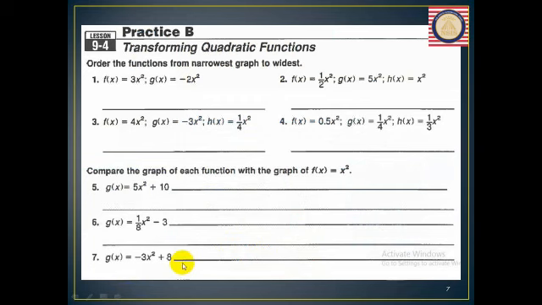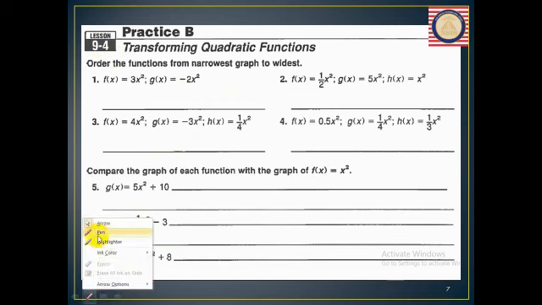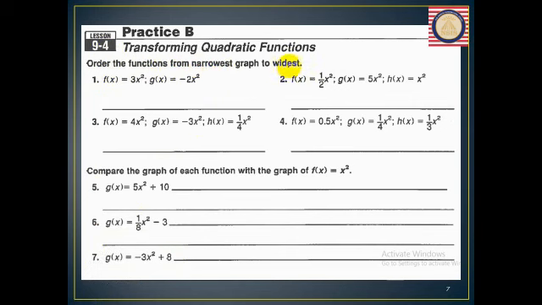Open with me your practice book in lesson 9.4 and let's solve these together. Here, order the functions from the narrowest graph to the widest. If I want to order from narrowest to widest, I'm going to look to the a, the coefficient of x power 2, and take the absolute value.